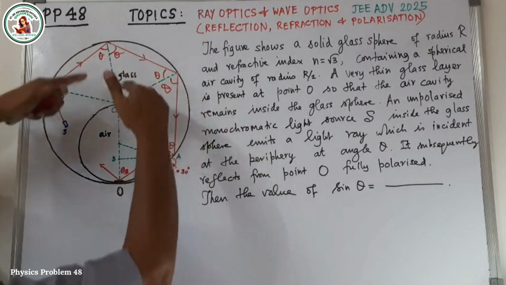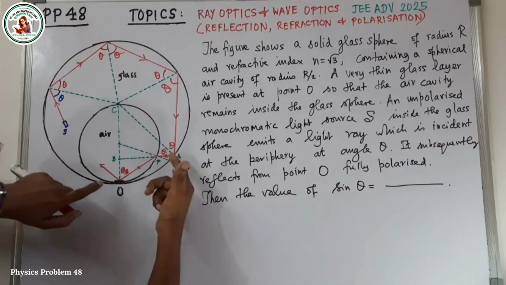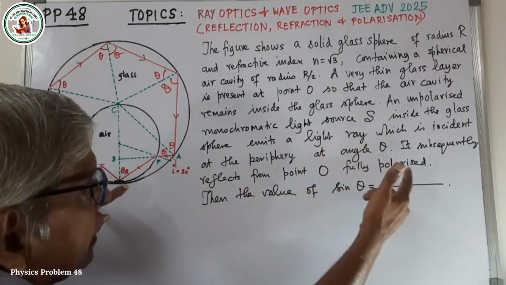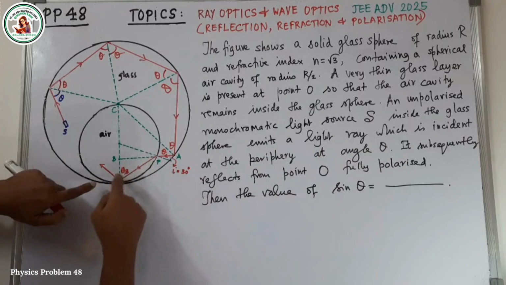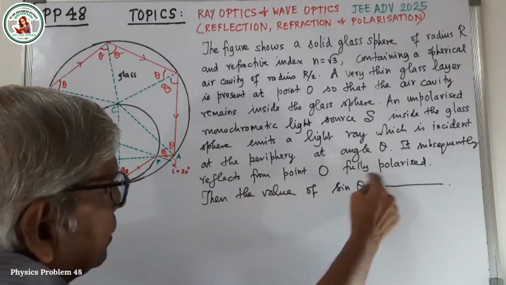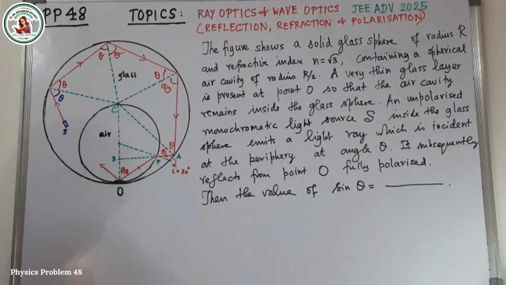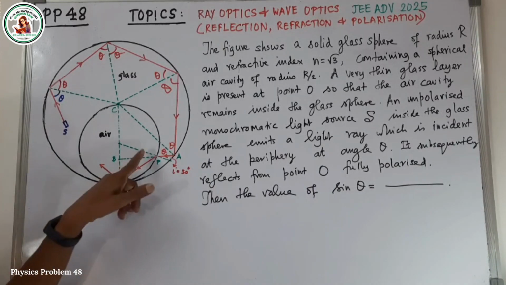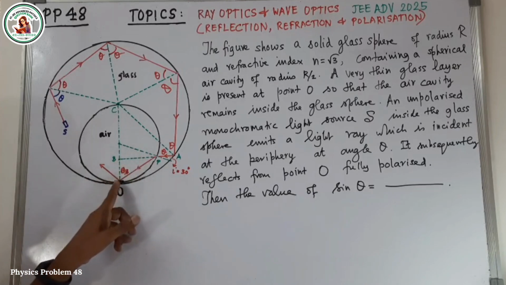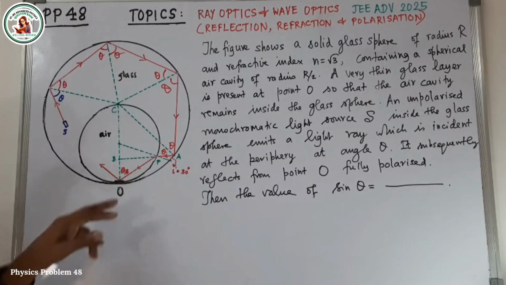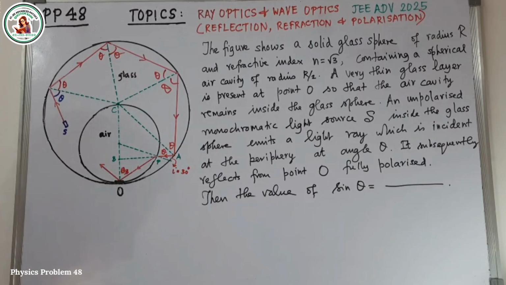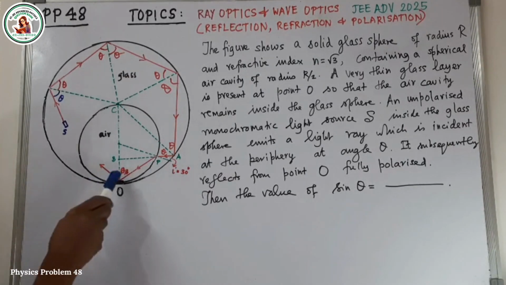After this number of reflections, it is subsequently reflected at this glass piece, where the reflected ray is totally polarized. Because reflection occurs from a lighter medium to a denser medium, and the ray becomes fully polarized, the angle of incidence must be the Brewster's angle, theta b.